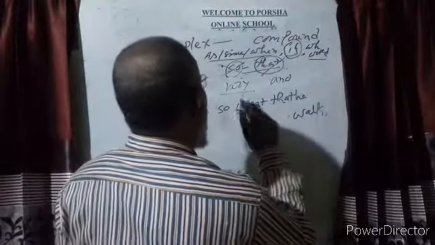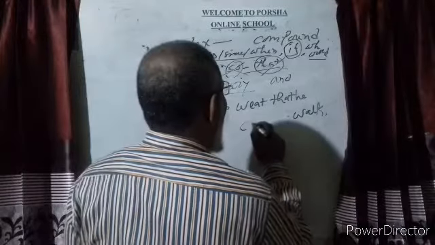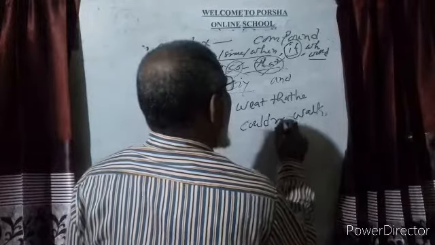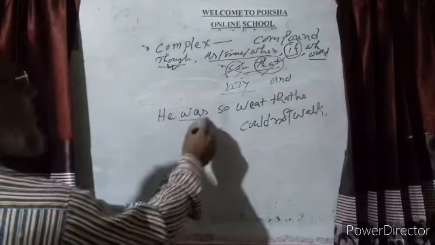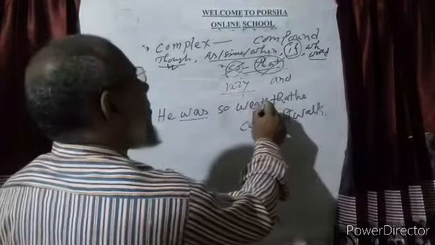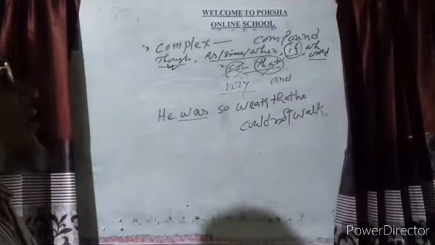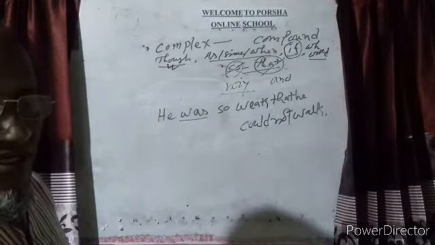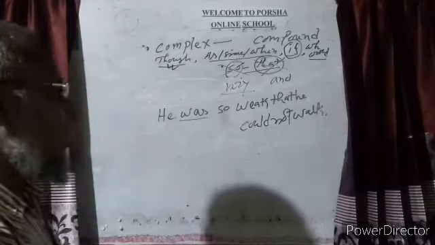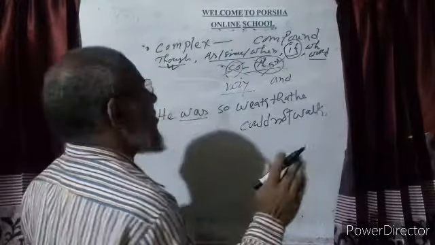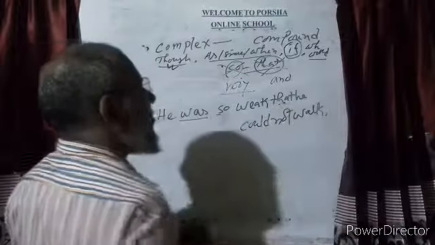He was so weak that he couldn't, not can't. Couldn't or could not walk, as here is past form. He was so weak that he could not walk. This is a complex sentence. There are two subjects, two verbs, and there is the symbol of complex, so that.